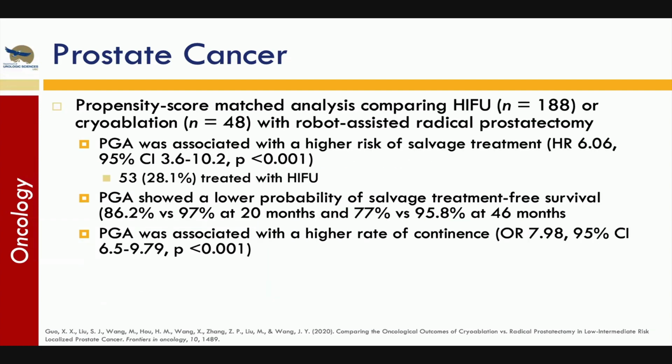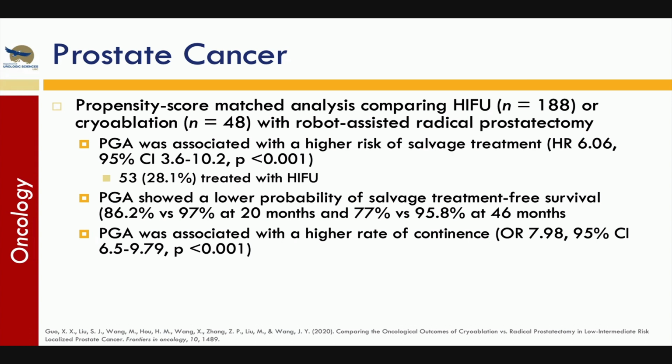And the best study I found with all this looked at not just HIFU, it was HIFU and cryoablation, but it's all partial gland ablation compared with robotic-assisted radical prostatectomy. And not surprisingly to, I think, any of us, partial gland ablation, whether it's HIFU and cryo together, was associated with a much higher risk of salvage treatment compared to just primary RALPs.